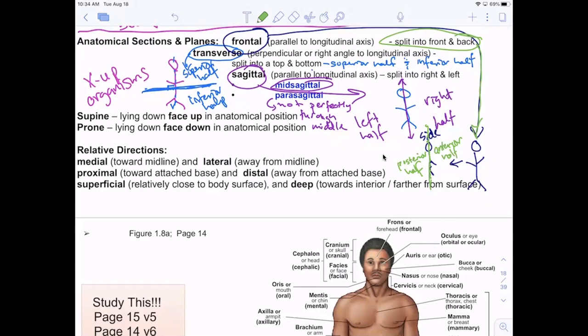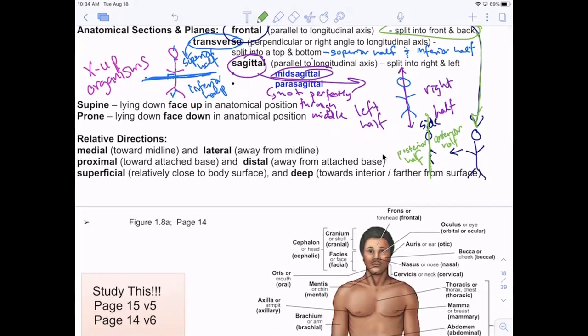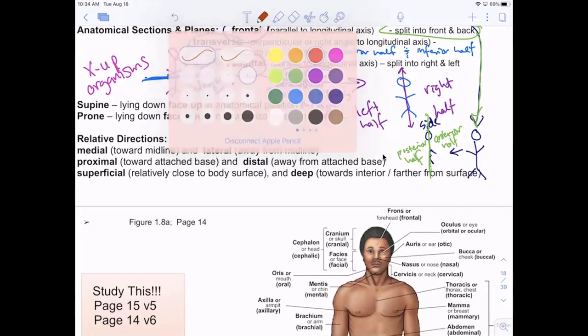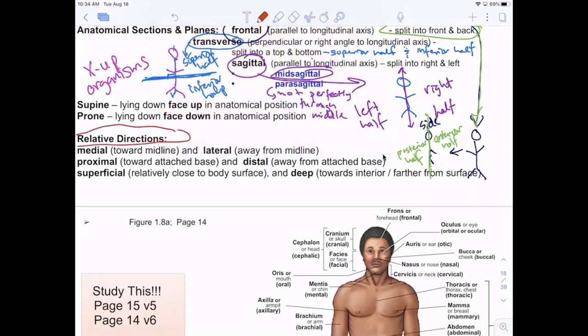Is it what plane is it shown in? Supine and prone we went over, and the last are relative directions. Relative. Medial refers to towards the middle. Lateral refers to away from the middle.